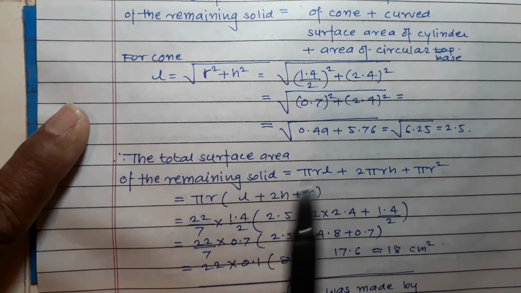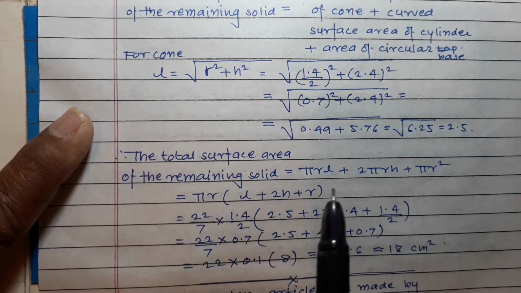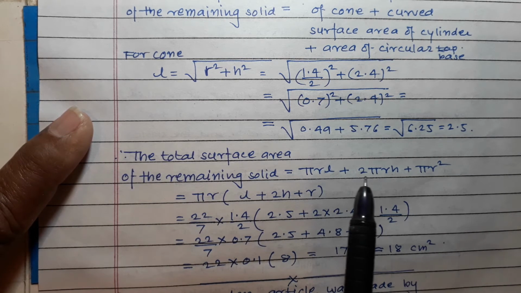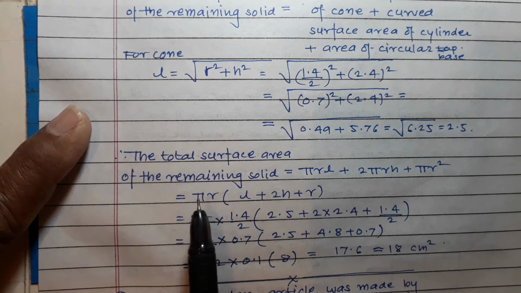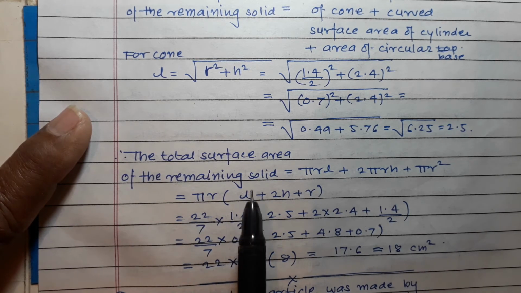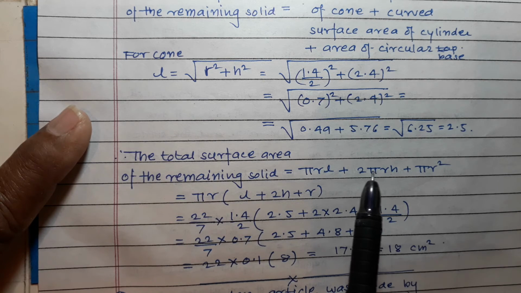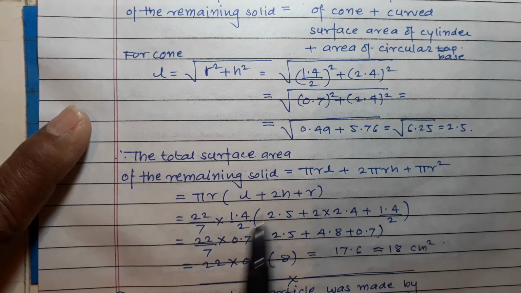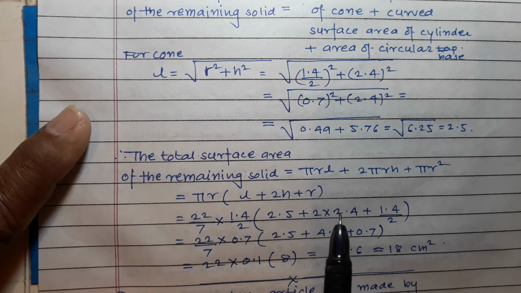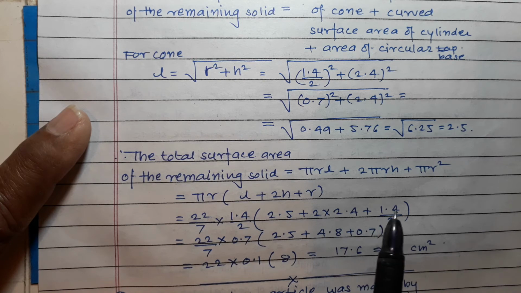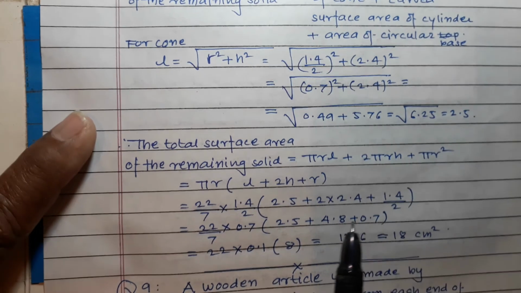And now the total surface area of the remaining solid is equal to pi r l plus 2 pi r h plus pi r square. So pi r you take common, into bracket l plus 2h plus r. So 22 upon 7 into 1.4 upon 2 into bracket 2.5 plus 2 into 2.4 plus 1.4 upon 2.